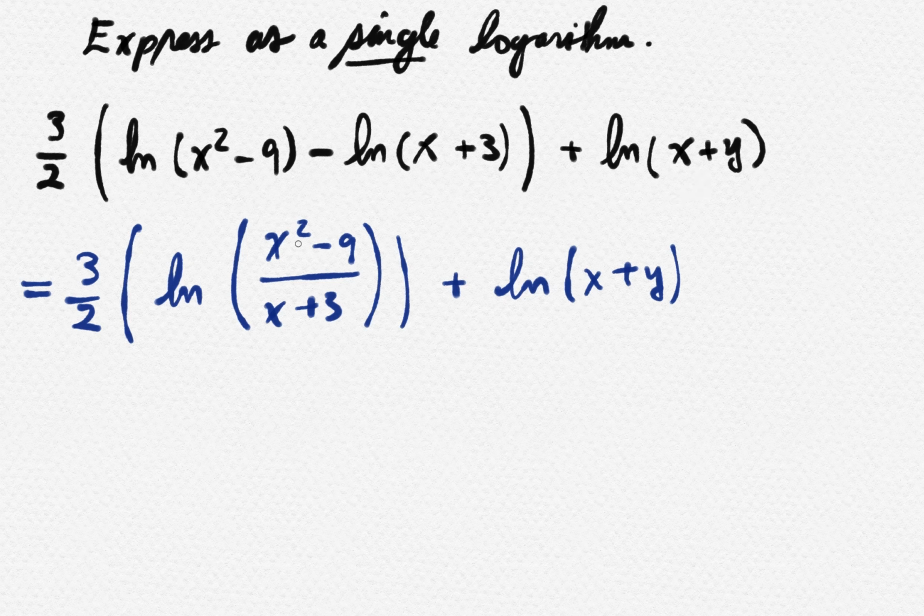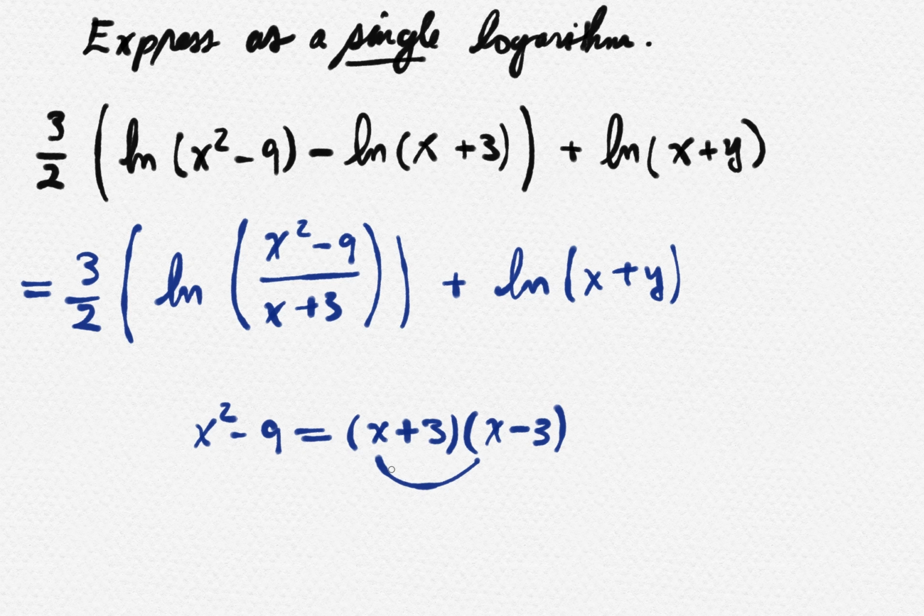Okay, so you may be noticing that if we factor x squared minus 9, we might get an x plus 3. And of course, this is the case. x squared minus 9 is a difference of squares. So it's going to factor as x plus 3 and x minus 3. And you can check this if you like.